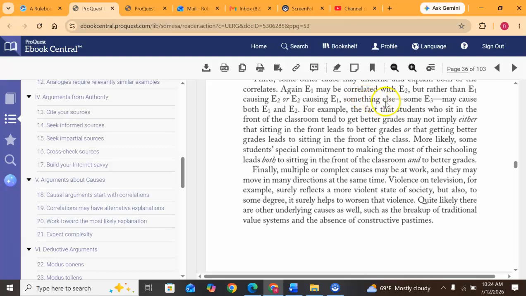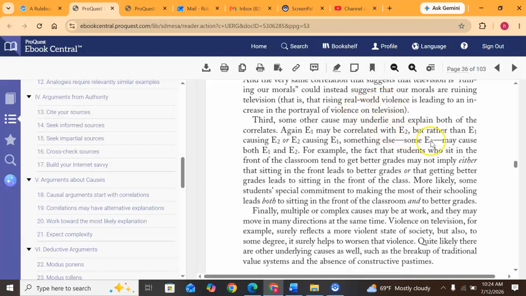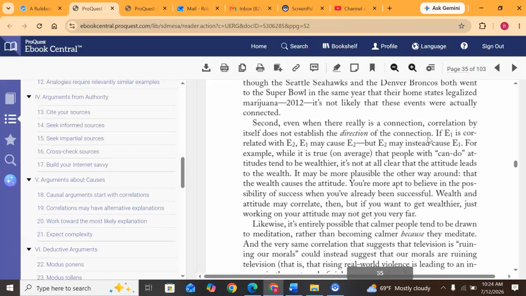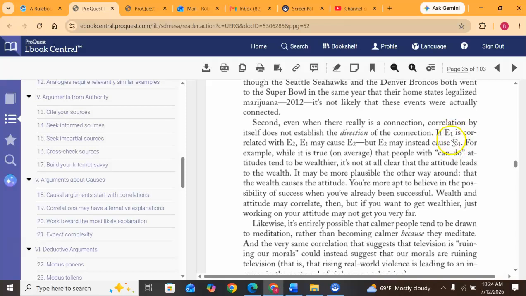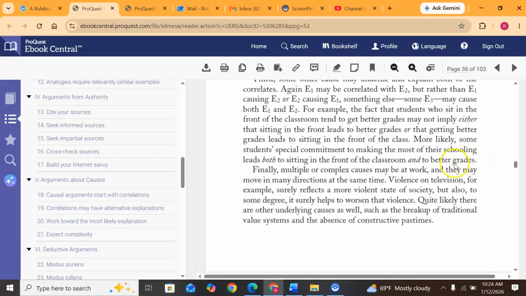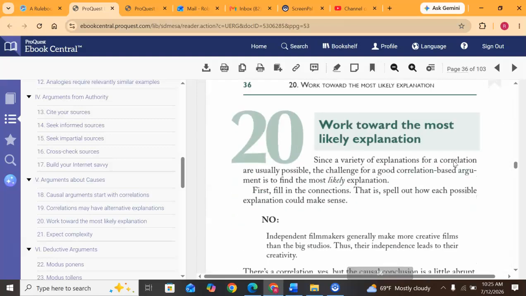And here's a fun one to really keep in mind, that cause and correlation are not the same thing. And he says it right here. So correlation, something related, is a lot easier to prove than one thing causing the other.